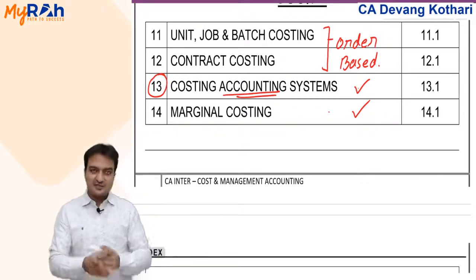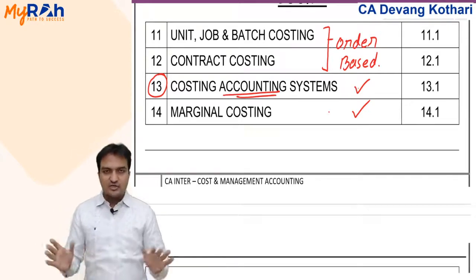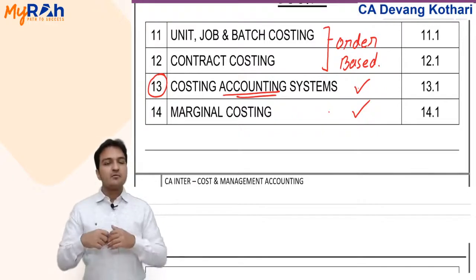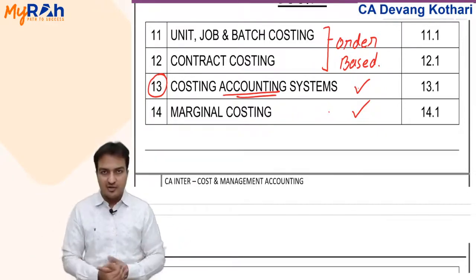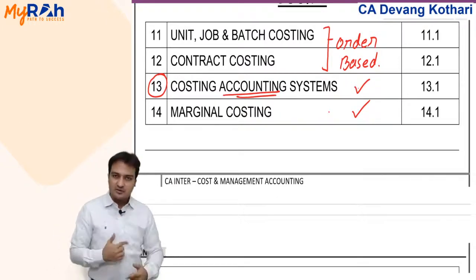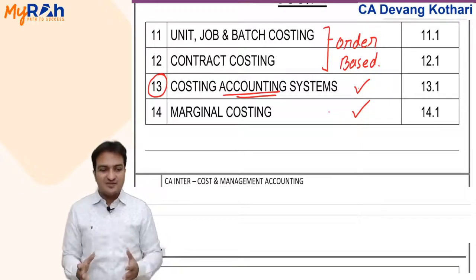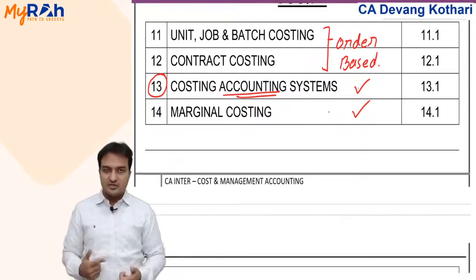These are all the chapters in your syllabus. During my classes, initially I will be focusing mainly on practicals, but obviously before learning the practicals you will need some basic conceptual clarity. So for every chapter I will start with some concepts, some basic theories like the ones that we did so far, and then we will get into some calculations.